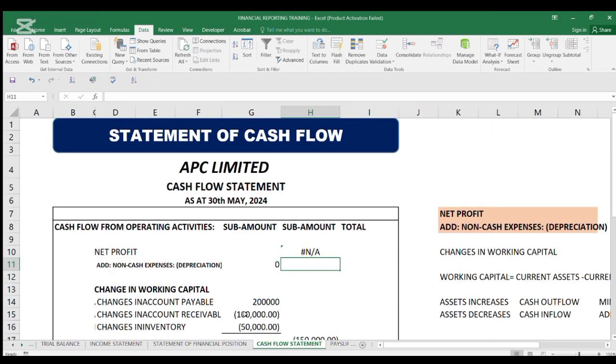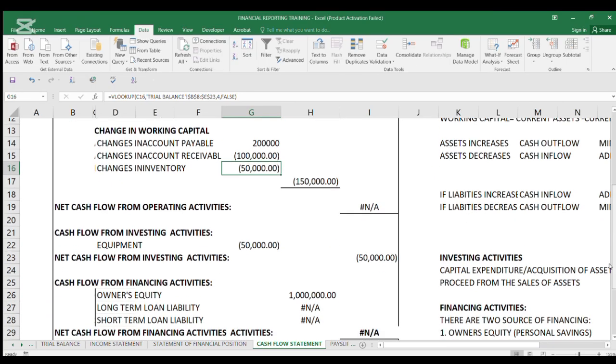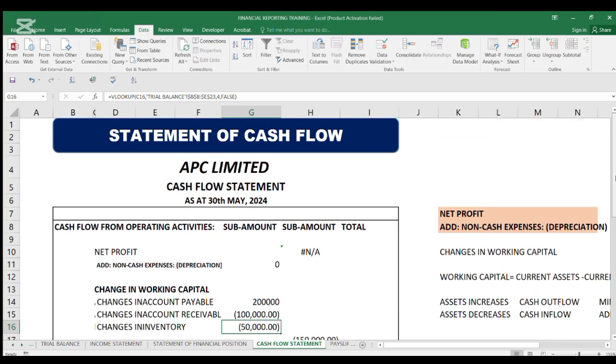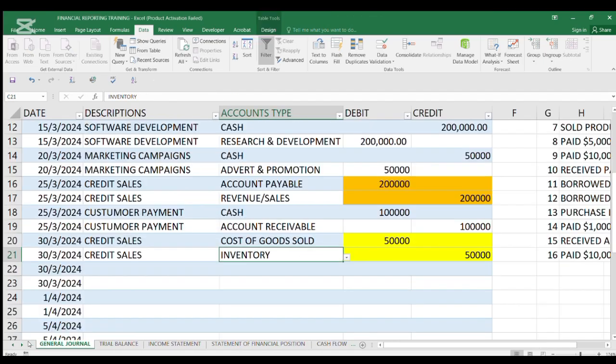Under the cash flow, look at the receivable, 100,000. Look at the inventory, change in inventory, change in receivable. It has appeared here. Look at the equipment in the statement of cash flow. So that is how this Excel works. So let's move further.